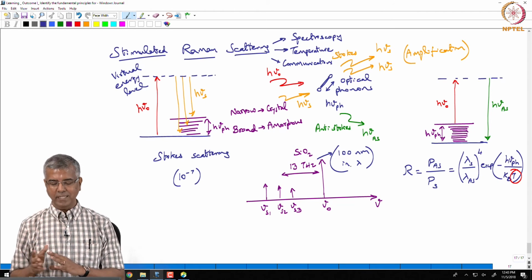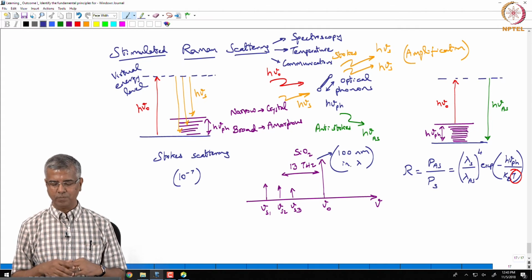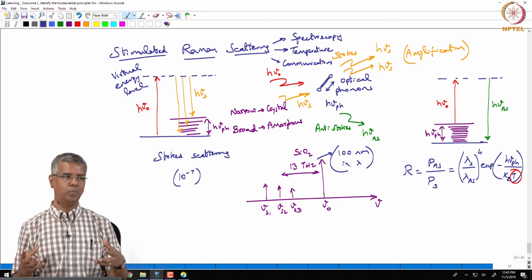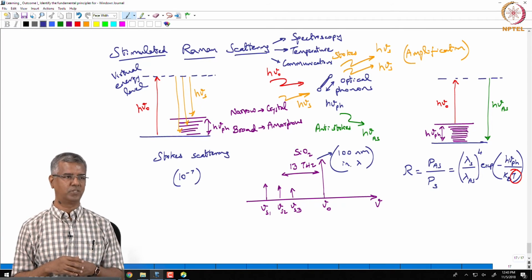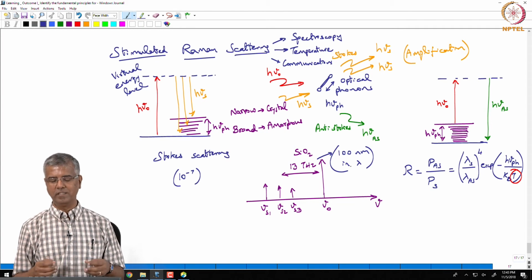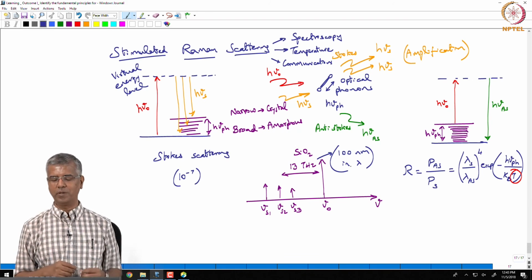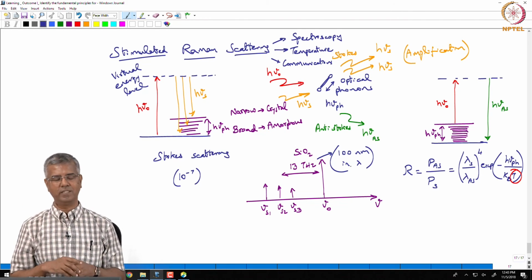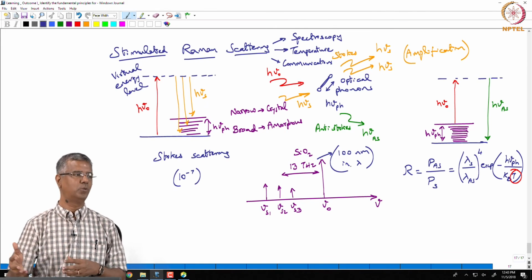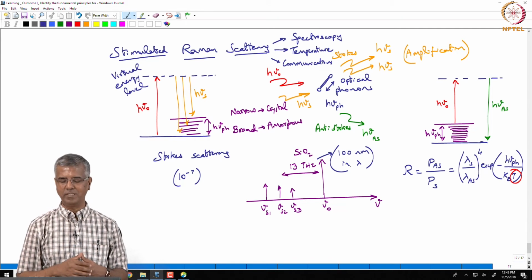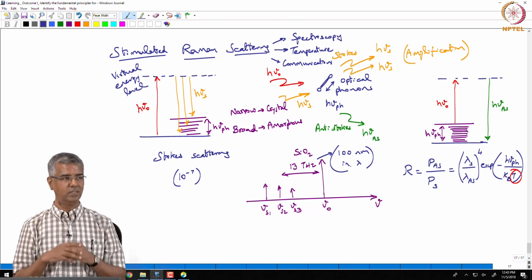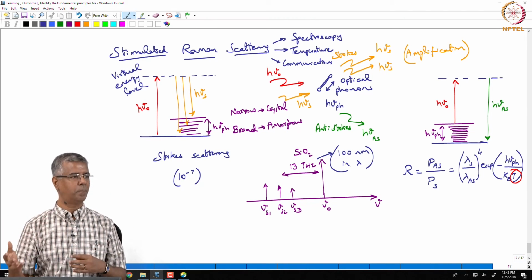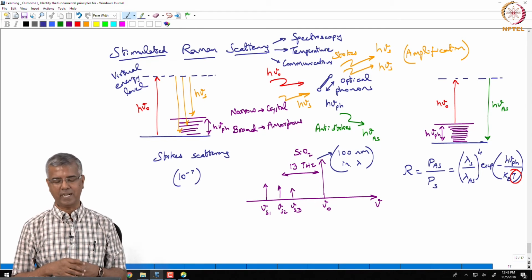So to increase that probability, you need to have a large number of photons of both your pump and Stokes. You cannot have one photon of pump going into this material, another photon at the Stokes going into the material, and expect them to come to a location at the same time to have this process happening. So you say, okay, the more photons, the better the probability that you will have the stimulated scattering.